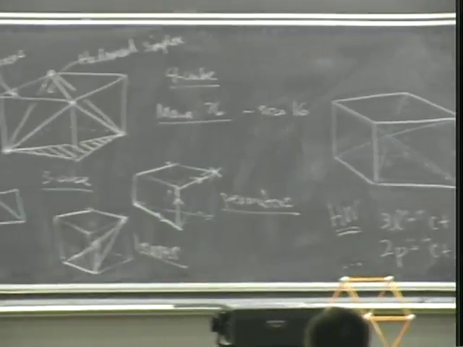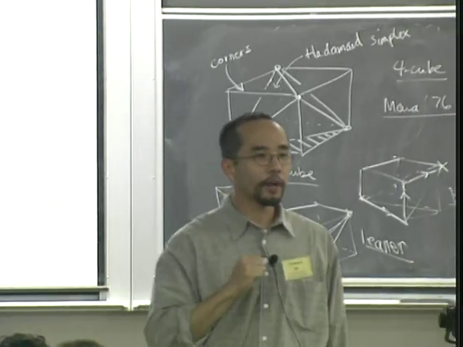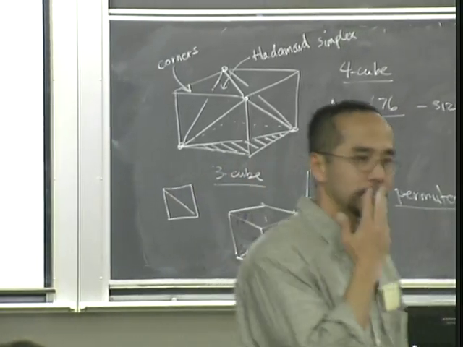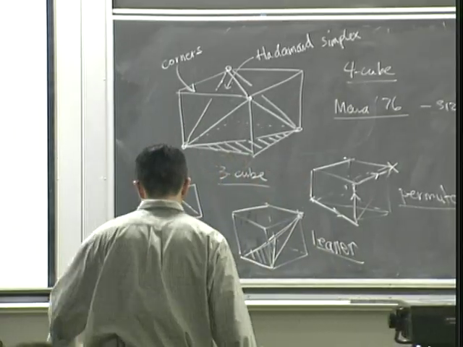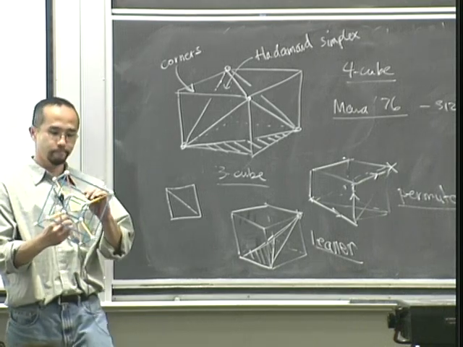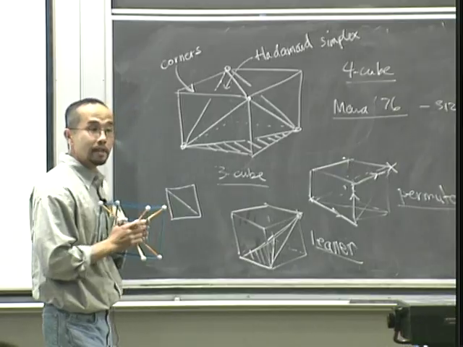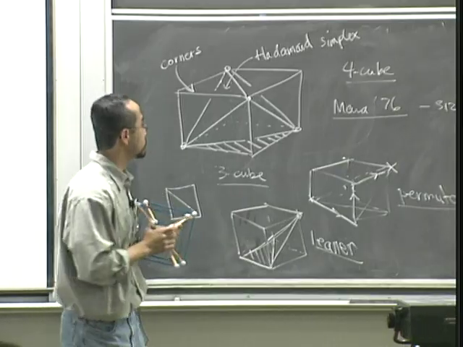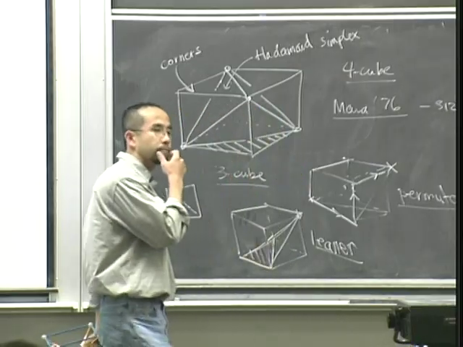Now, suppose I wanted to look at simplices in the 4 cube. How would I begin doing that? How would I try to understand the isomorphism classes of simplices in the 4 cube? Let's see. Some simplex in the 4 cube. Well, what's that? Like cone each of these to vertices in the opposite cube, the other end of the 4 cube.